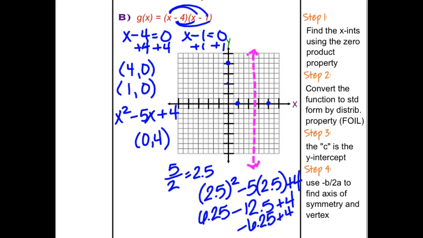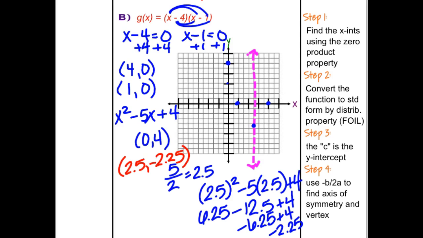Plus 4 would be negative 2.25, which means that my vertex is 2.5, negative 2.25. So when we plot that, you go over 2.5, you go down 2.25, which would be halfway between.